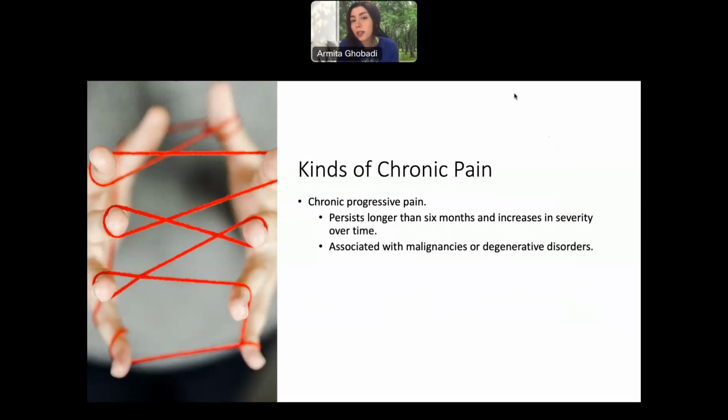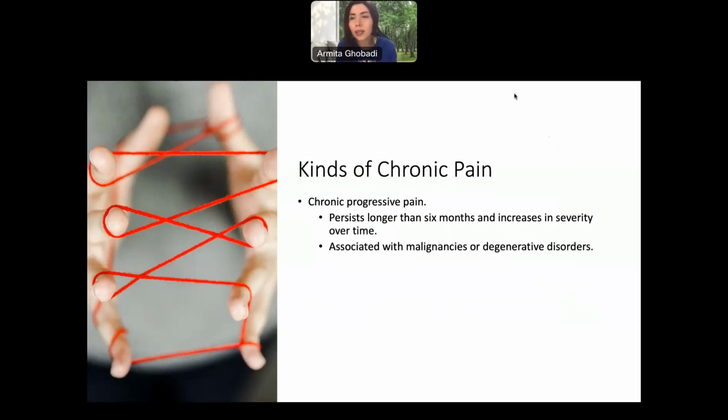Chronic progressive pain is the kind of pain that's going to last longer than 6 months, and it's going to increase in severity over time. It's very painful. It's not good. It's associated with degenerative disorders. For example, there is a specific kind of diabetes, I guess neuropathy diabetes.